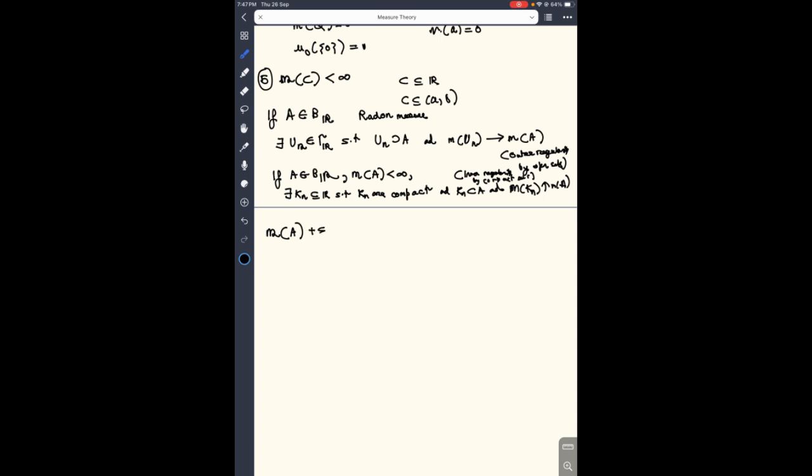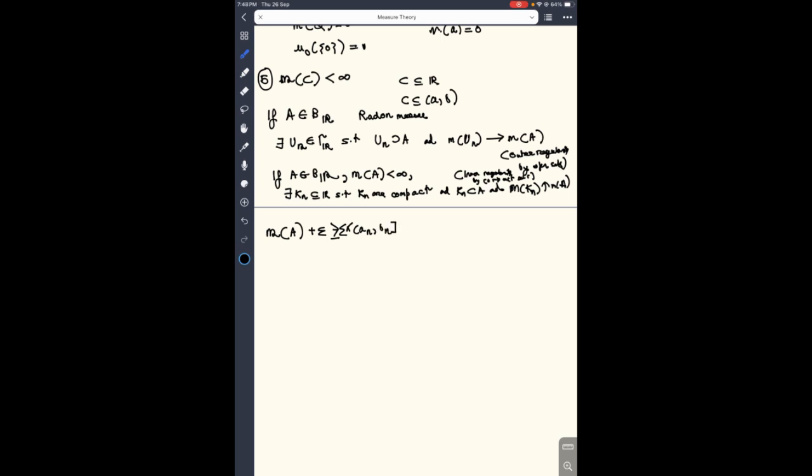So take M(A) plus epsilon. This is greater than or equal to a cover, the summation of lambda of the closed intervals (An, Bn).